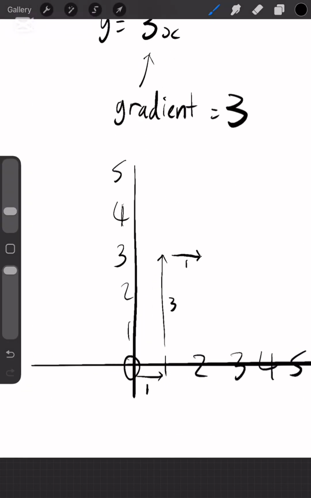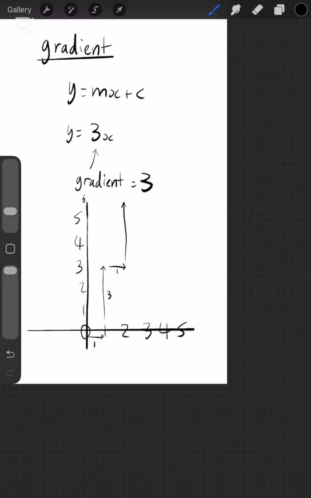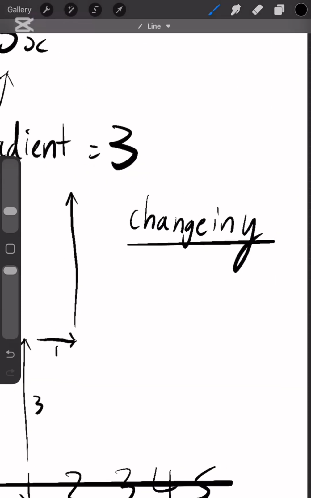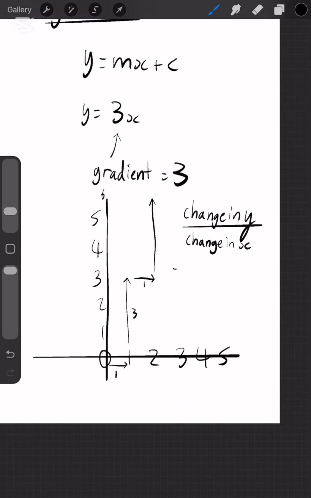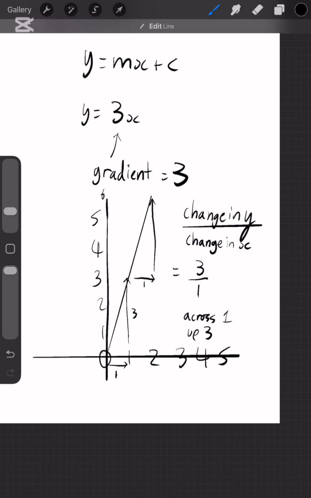So essentially what this means, a gradient of 3 is for every 1 across, it goes up 3. That's what your gradient stands for. So 1 across and up 3. There. Then we join those dots to make our line.